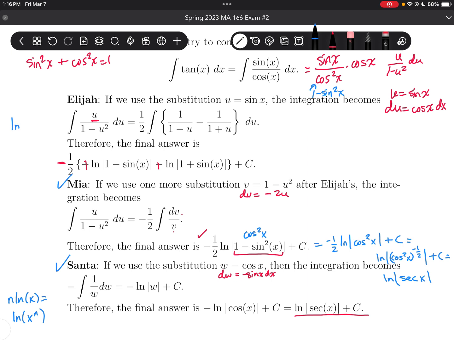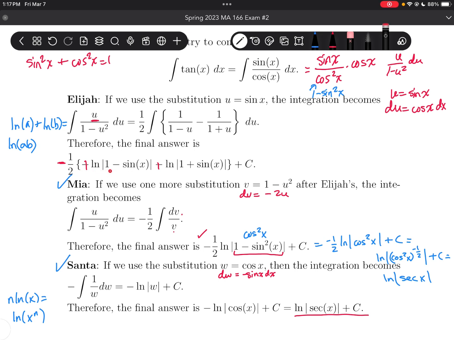When we are adding two logarithms with the same base, say natural log of a plus natural log of b, that is equal to the natural log of a times b. That's essentially what's going on here.